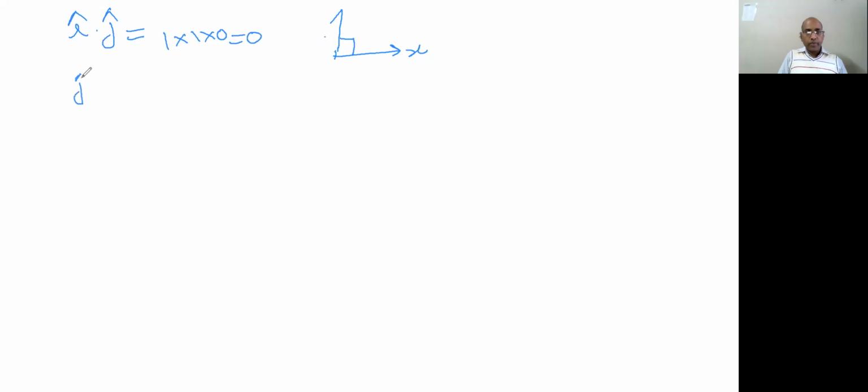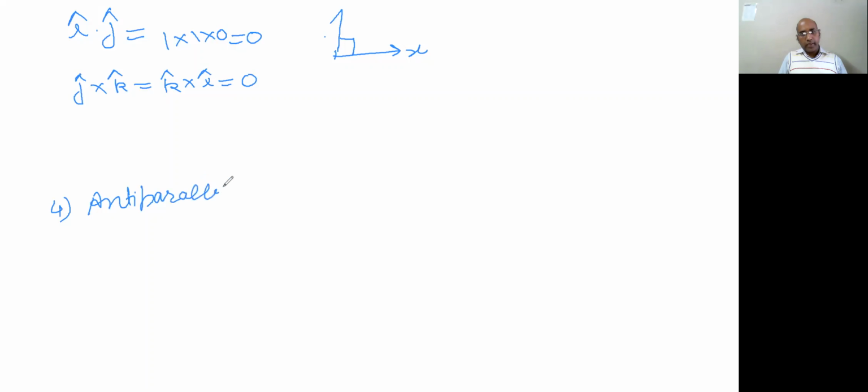Similarly, J dot K, and similarly K dot I, all become equal to 0. When the two vectors are perpendicular, the dot product will always be 0. So this is also quite an important result. Next, we move towards when the two vectors are anti-parallel.